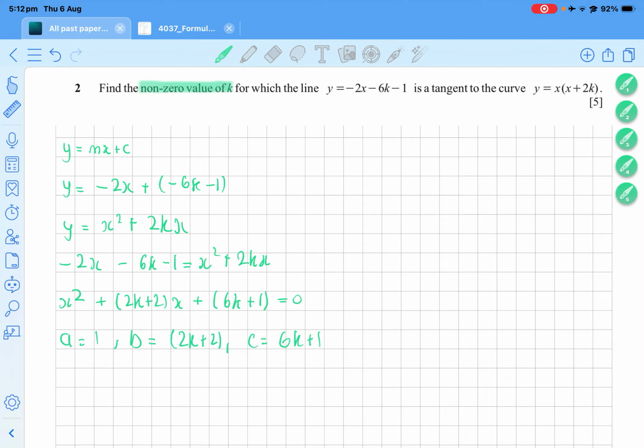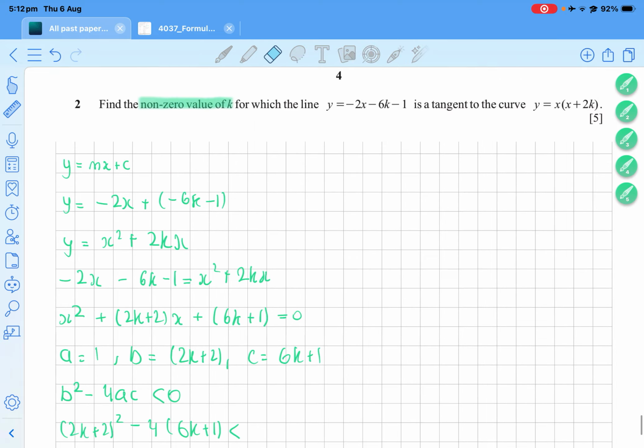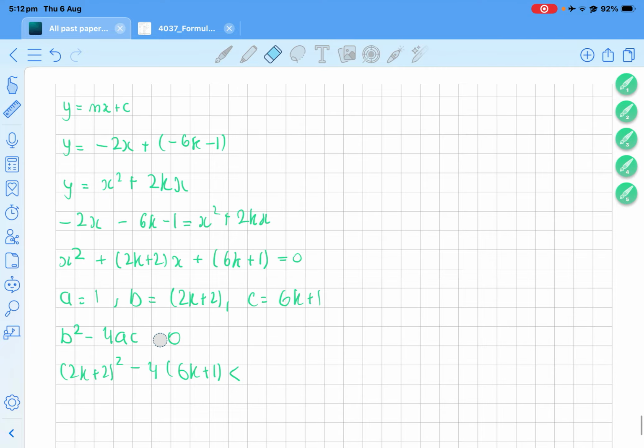So if we try and solve this, we want the discriminant, b squared minus 4ac, to be, oh, since it's a tangent, it must actually be equal to 0, sorry.